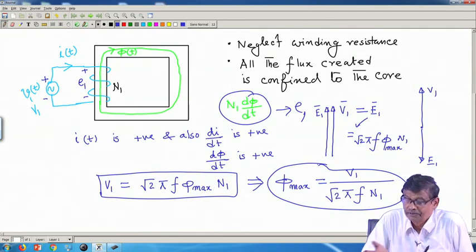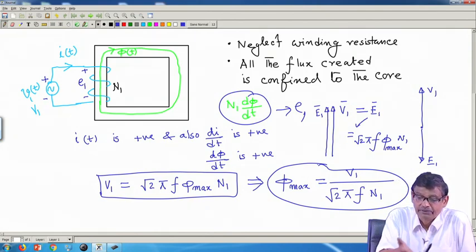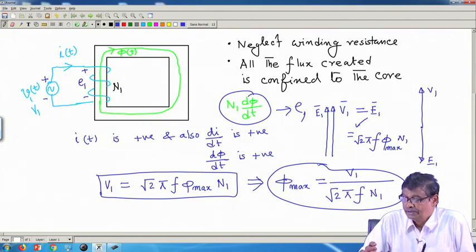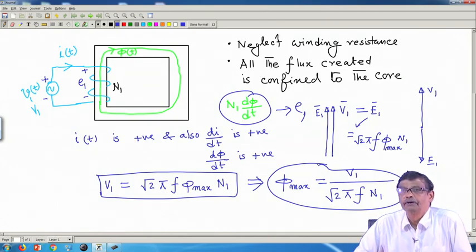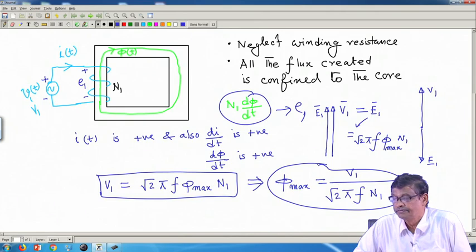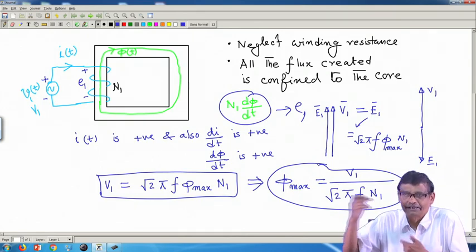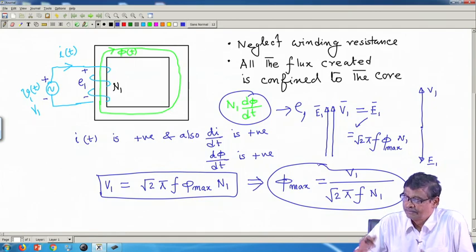But in case of the same coil excited from an RMS voltage V 1 sinusoidally varying, the peak value of the flux is fixed: V 1 by root 2 pi f N 1. There is no question of trying to calculate current, then MMF, then flux, unlike a DC circuit.